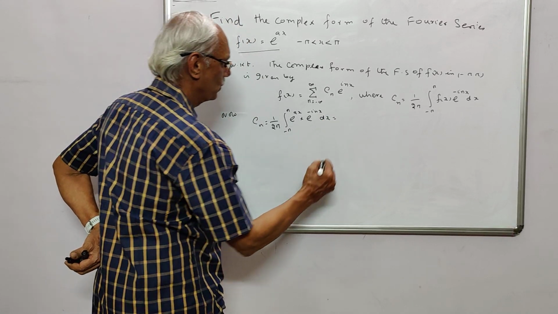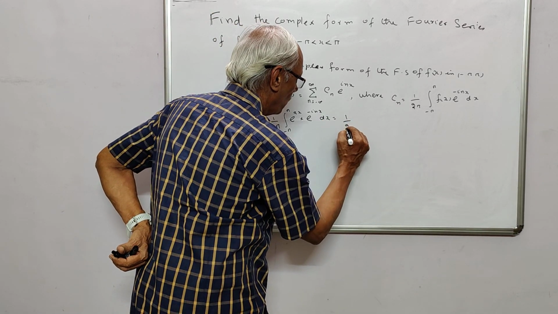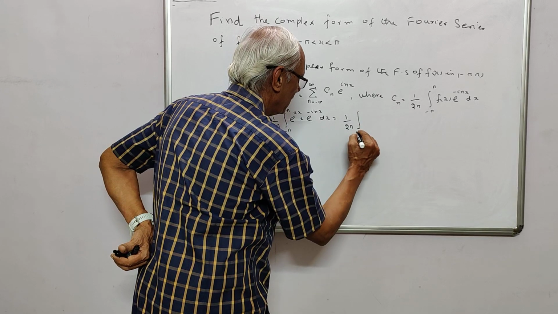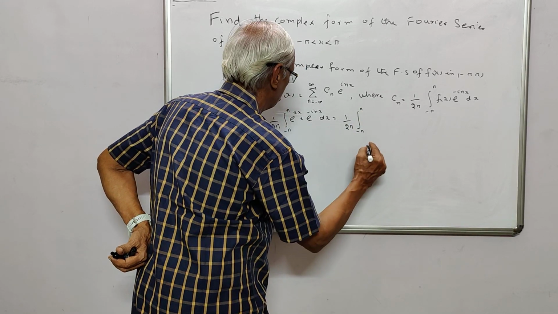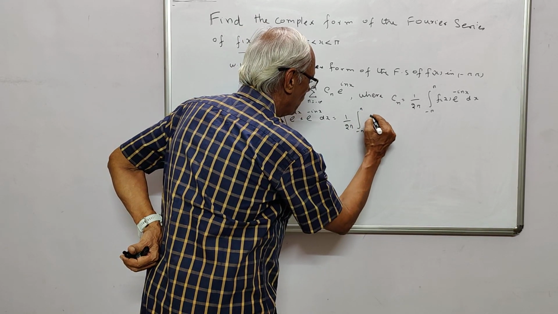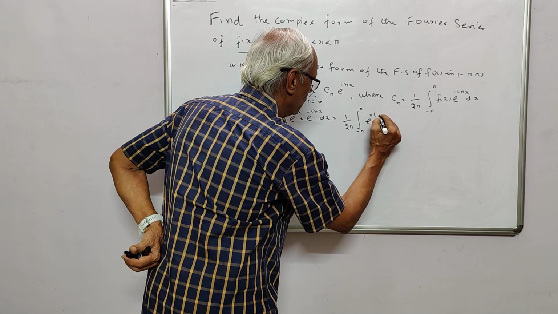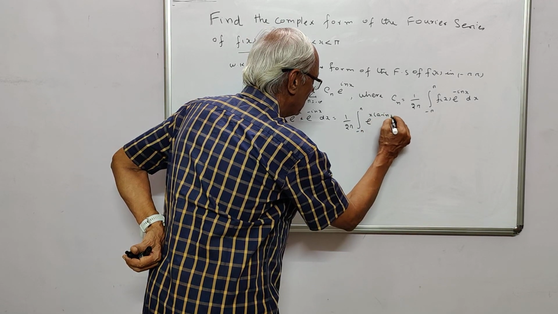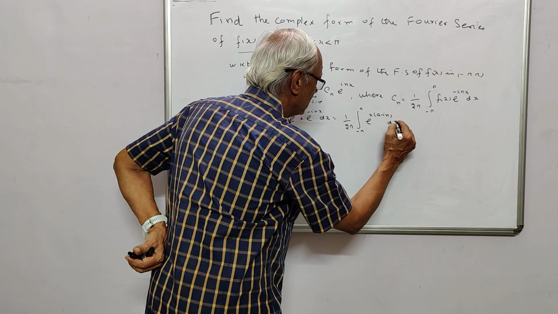So this is equal to 1 by 2 pi, integral from minus pi to plus pi of e to the power of x into a minus in, dx.